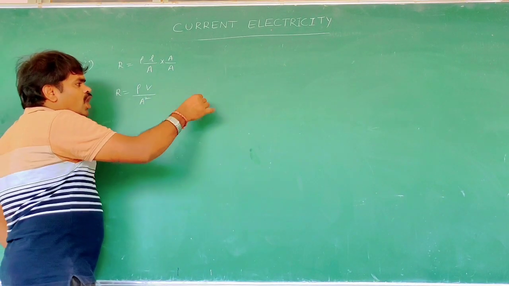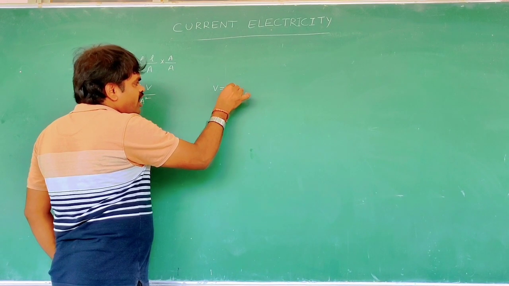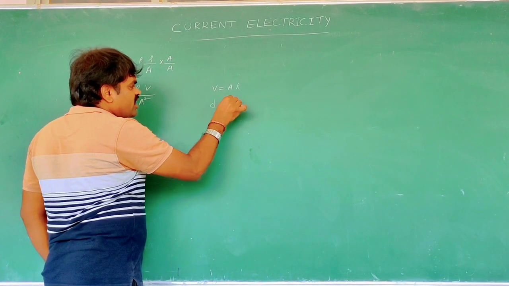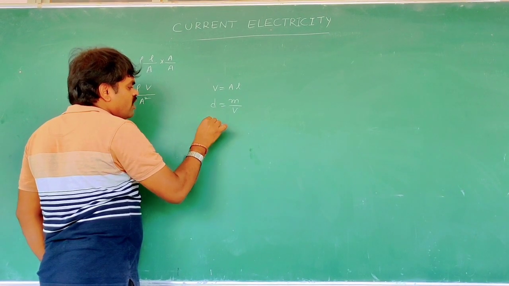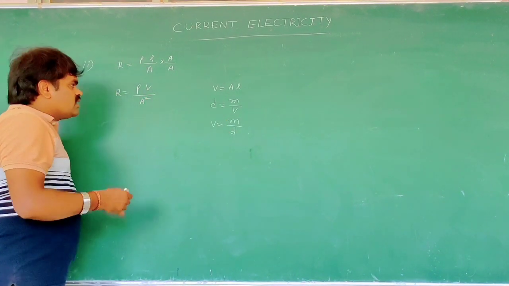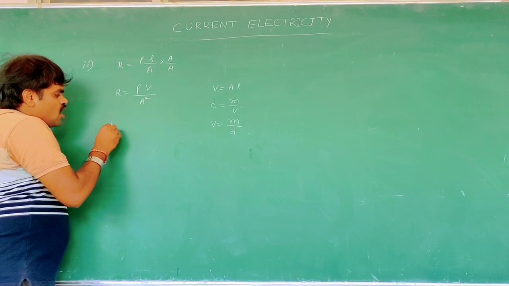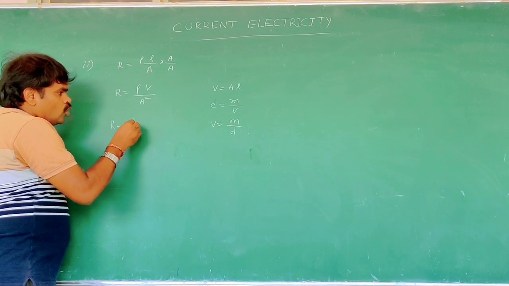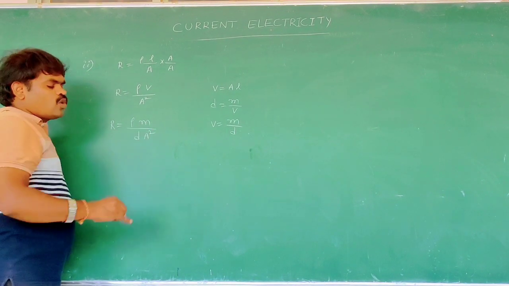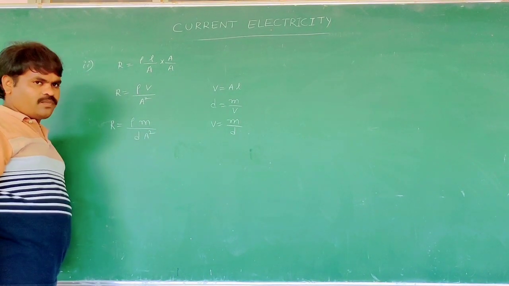Now the volume of the conductor V is equal to A L. The density of the conductor is mass per volume, so volume is equal to mass per density. Then R can be written as R is equal to rho mass by density into square of cross-sectional area.